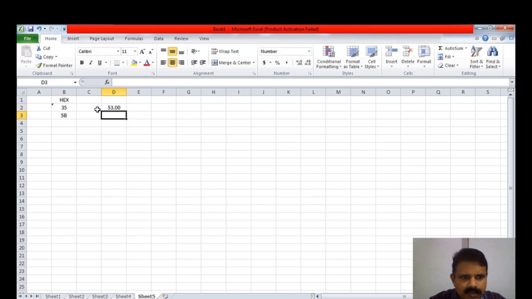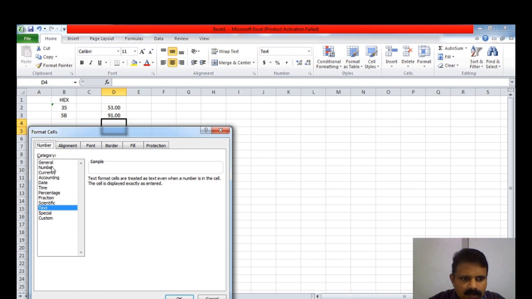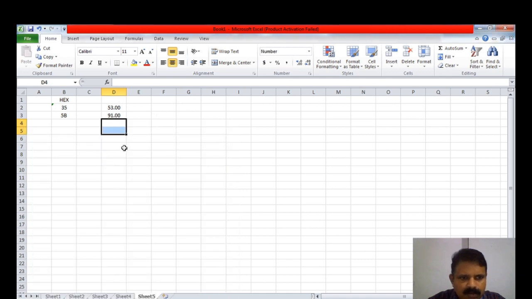That is 53. And what is 5B? It is 91. What will be the result? It is 144. That is the sum in decimal.